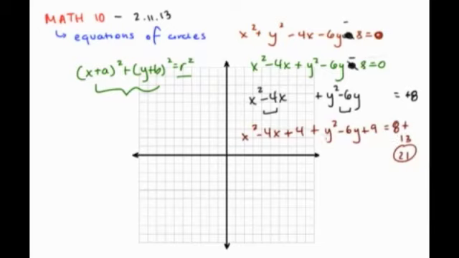And let's take these individually now. Let's take this, and let's take this, and let's factor them into workable squares. What's that going to be?